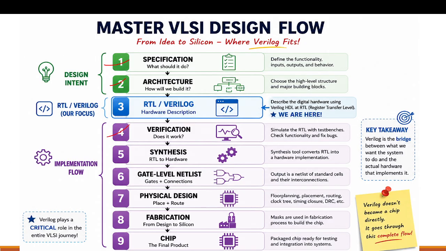First is verification. Does it work? Synthesize. RTL to hardware. Gate level netlist. Gates plus connections. Physical design. Place plus route. Fabrication. Design to silicon, the chip, the final product. This is the final product, what we hold in our hand. Verilog doesn't become a chip directly, it goes through this complete flow.